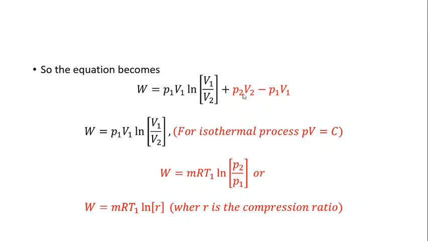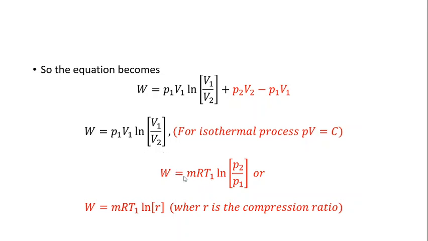See here, for isothermal process, PV is a constant, that is P1 V1 is equal to P2 V2. Then this term becomes 0. P2 V2 minus P1 V1 is equal to 0. Then work done for isothermal compression is equal to P1 V1 ln of V1 by V2, and PV for ideal gas is equal to MRT.